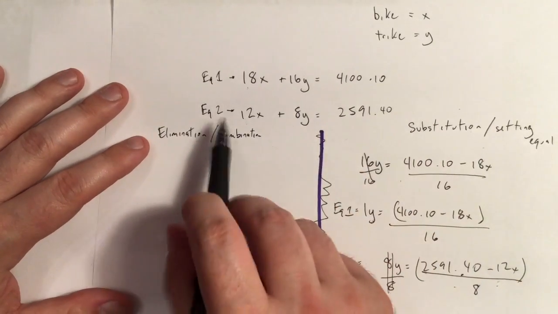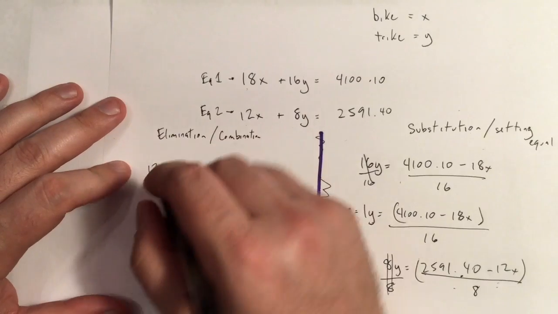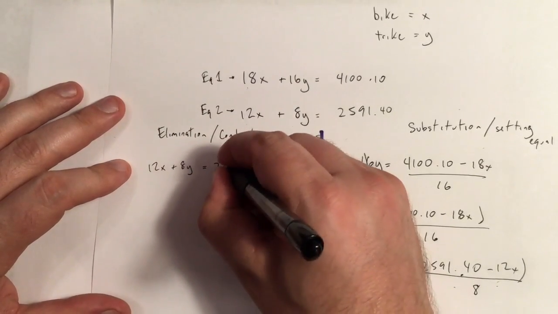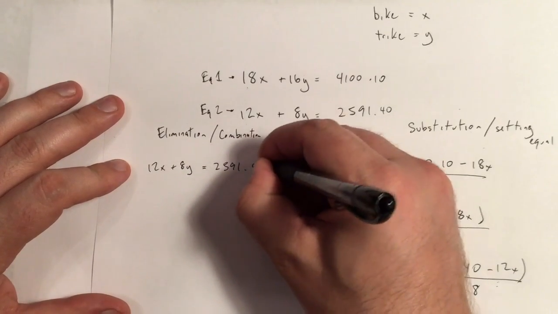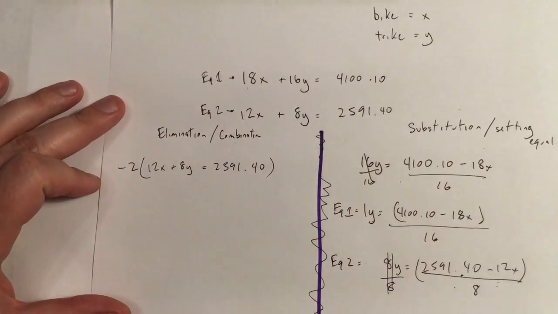Okay, so if I took equation 2, so I have 12x plus 8y equals this, I'm going to multiply all of it times -2.